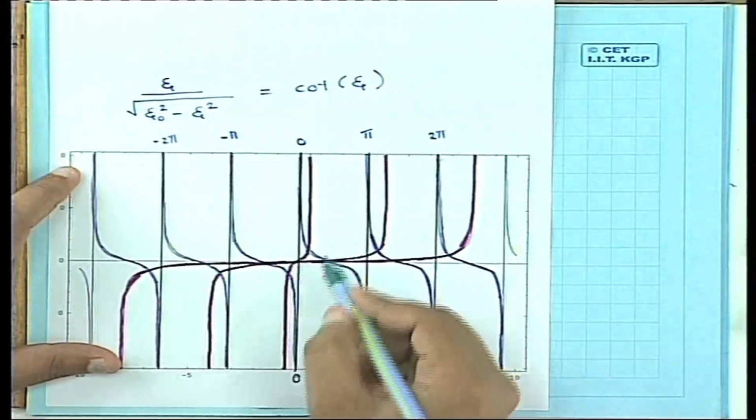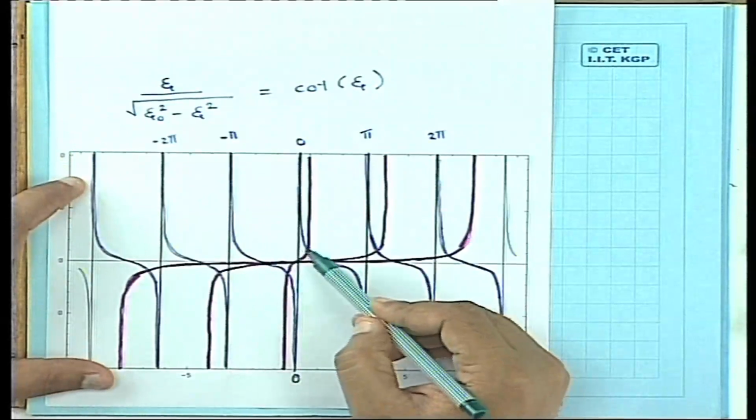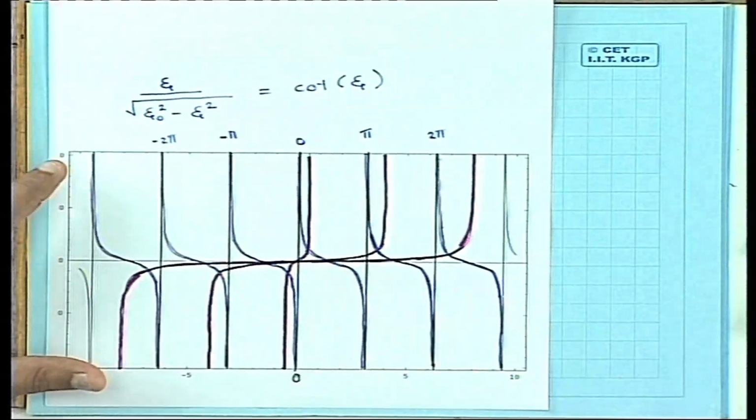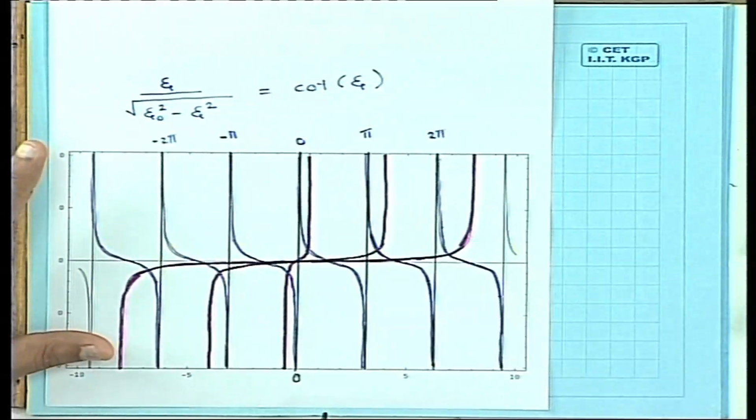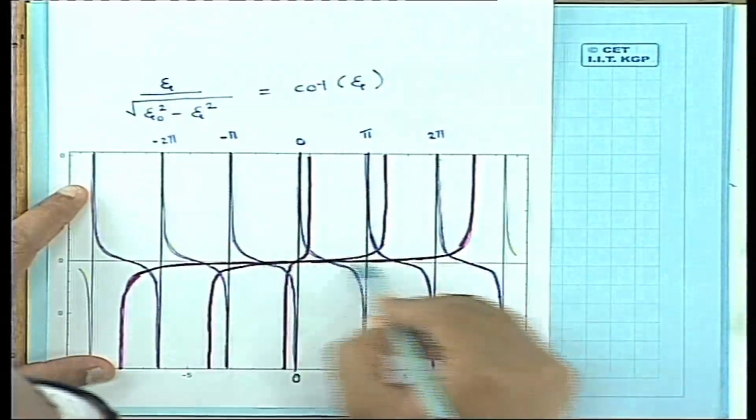The negative and the positive intersections give the same value of energy, so there is no difference. So however small the potential, at least one energy state is allowed. As you make the potential deeper, or increase the width of the well, you can have more and more solutions.